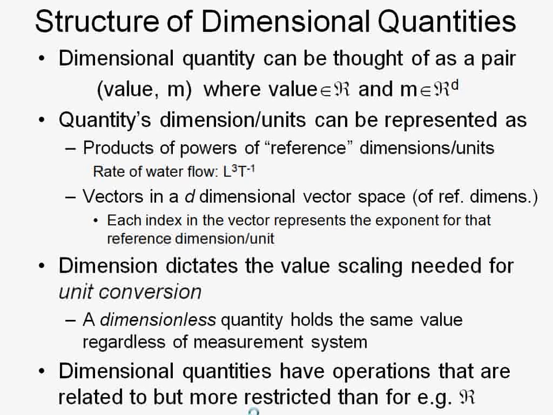So we can represent a quantity's dimensions in two ways. We can represent it as powers of some reference dimensions or units. So can anyone read this for me? What does this say? If L is liters and T is time, what is this? Yeah, this is cubic liters of water, and it's a measure of volume per unit time.